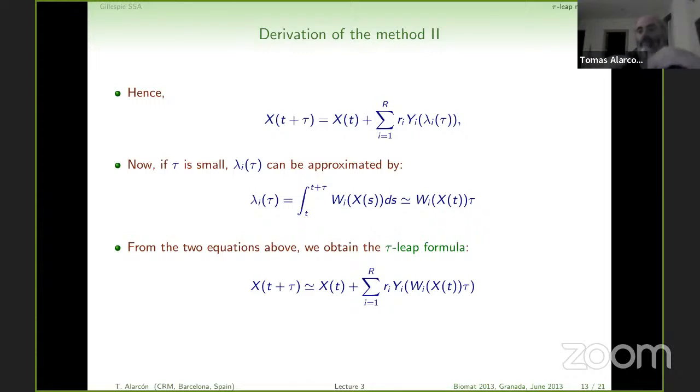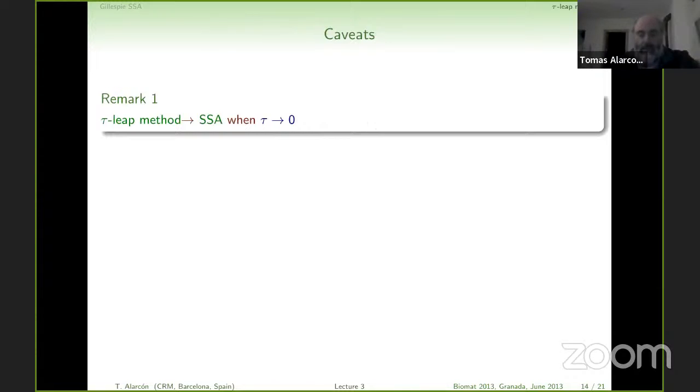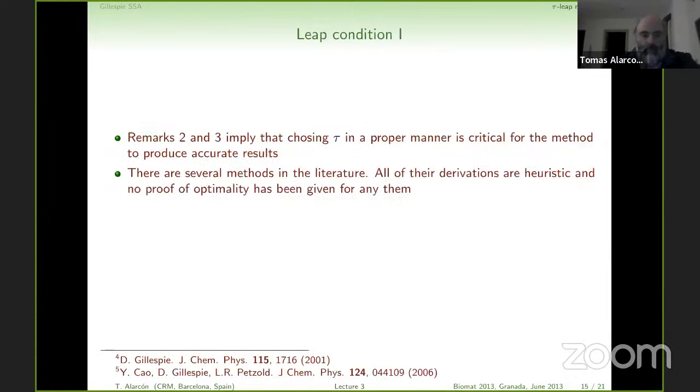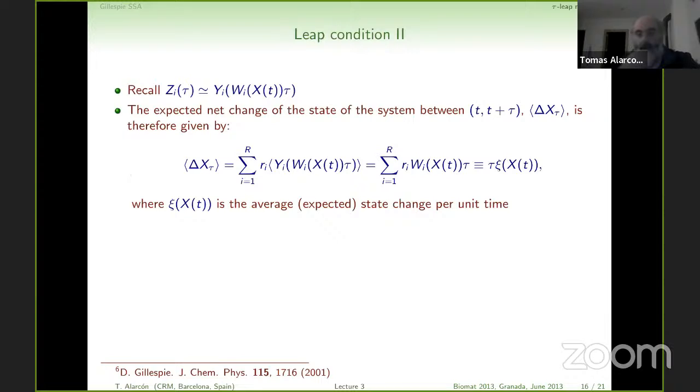We need to control the change, otherwise this approximation is not going to be good. So we need to control both the change in the state variable, in the value of the stochastic process, and also check that the W_i quantities do not explode.